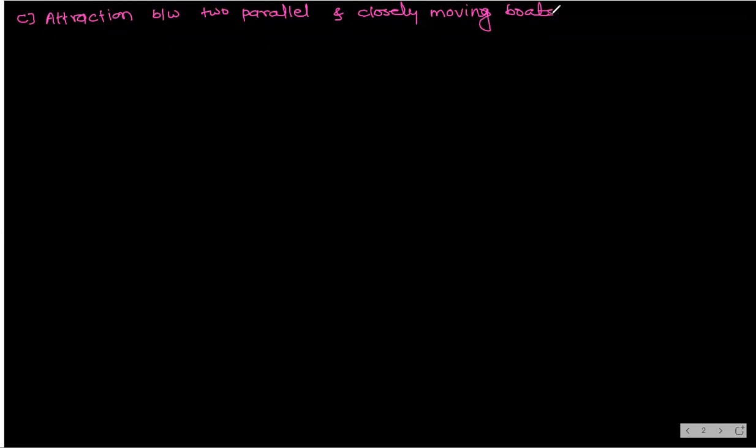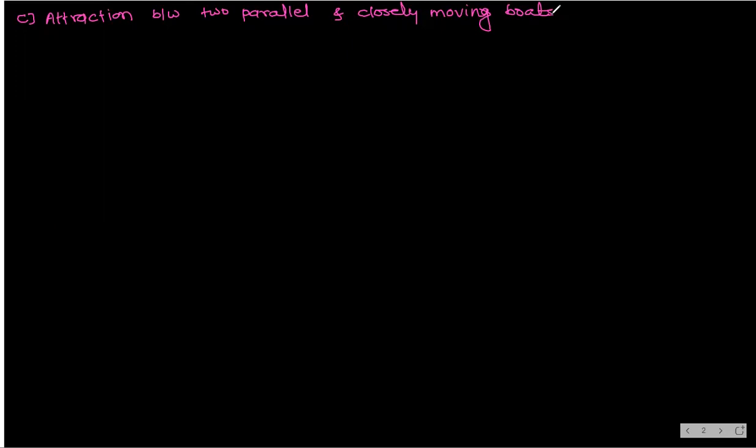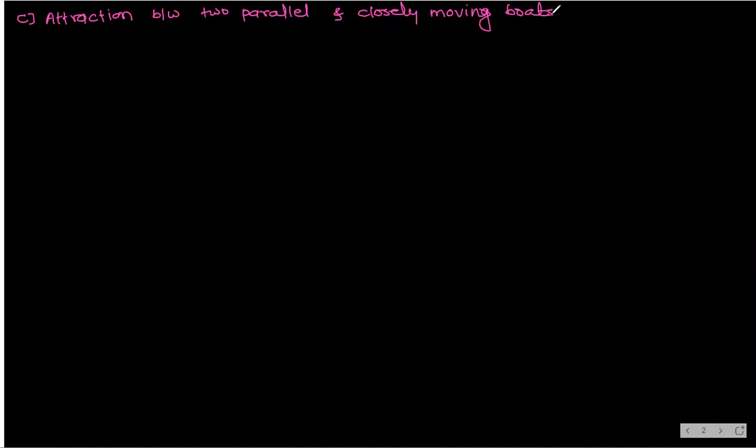When two boats move side by side in the same direction, then water in the region between them moves faster than that on the remote sides. So due to this, a pressure difference is getting created. Pressure between the boats is less, and due to the high pressure outside, they are pushed towards each other.